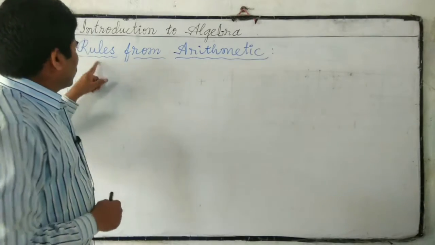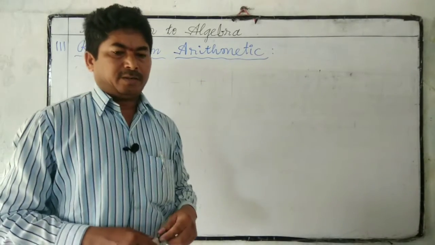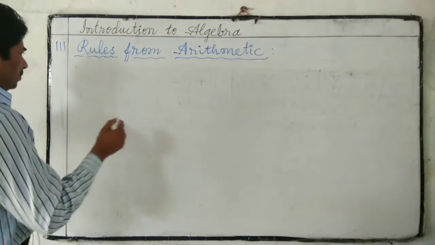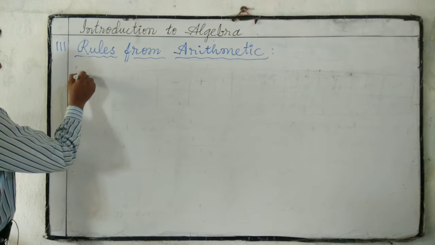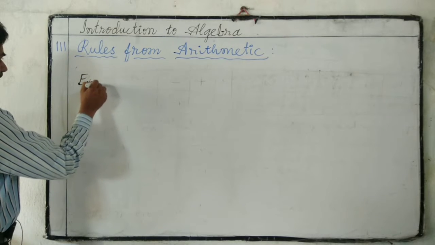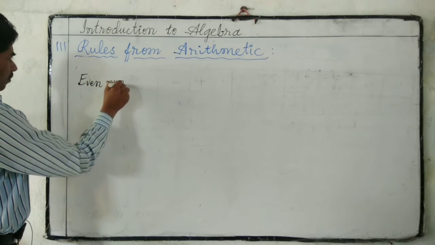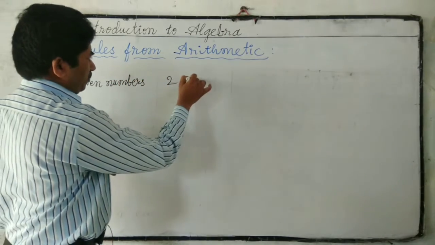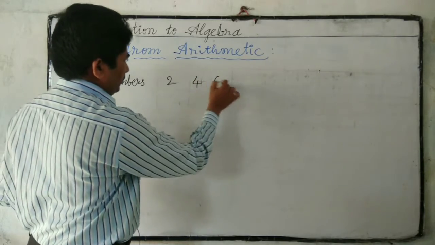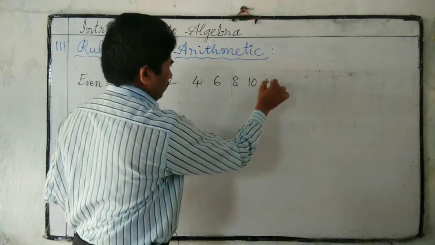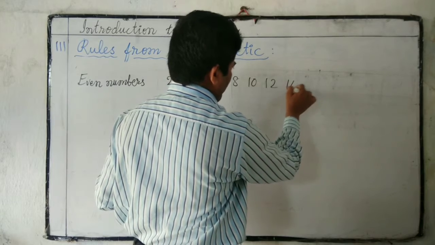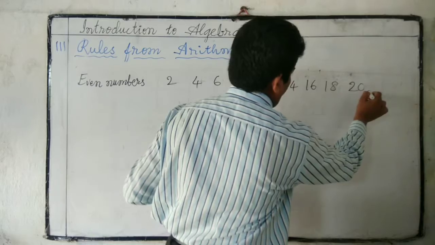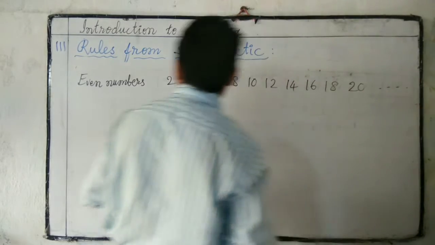Let us see rules from arithmetic. To understand this, we have to take even numbers. Even numbers 2, 4, 6, 8, 10, 12, 14, 16, 18, 20 and so on.